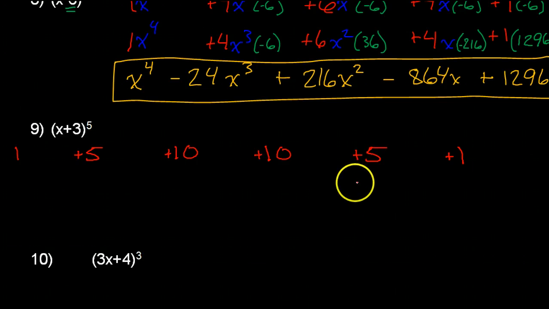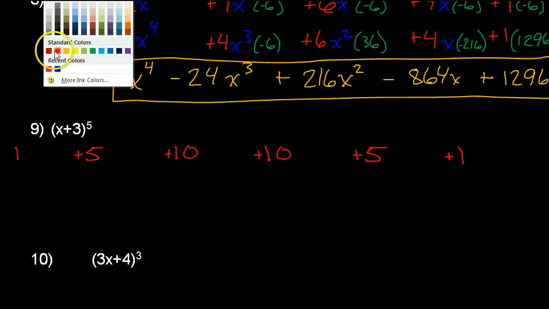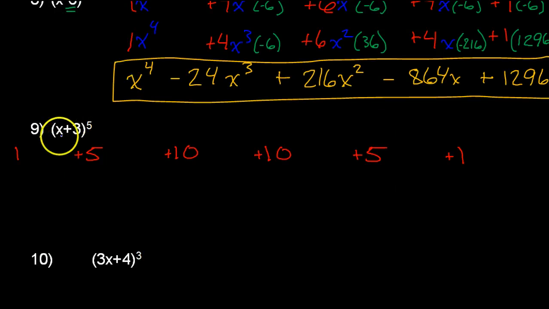Okay, so we will start with the x on the left. Okay, the x on the left, start with the 5th power, so that'll be x to the 5th power, x to the 4th power, x to the 3rd power, x squared, and x. Last one doesn't get any x's.